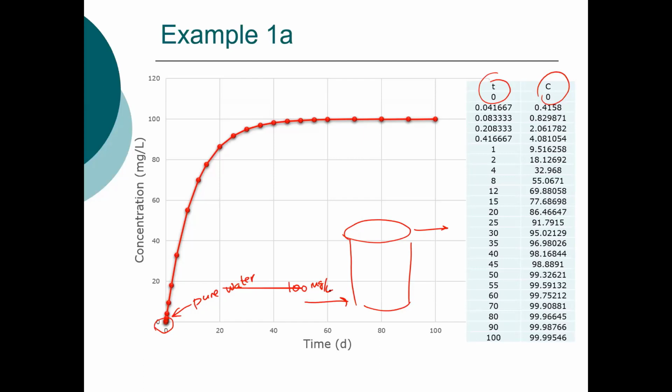So over a period of time, we have non-steady state conditions initially as the concentration is increasing, and then we reach steady state conditions here, and notice we're at 100 milligrams per liter.